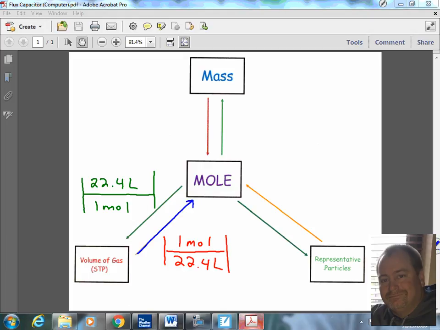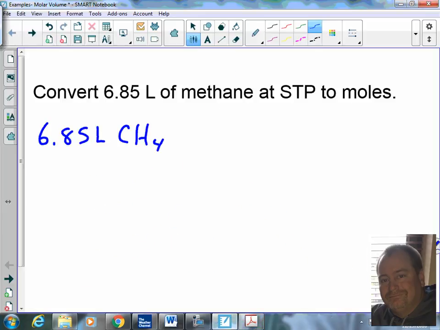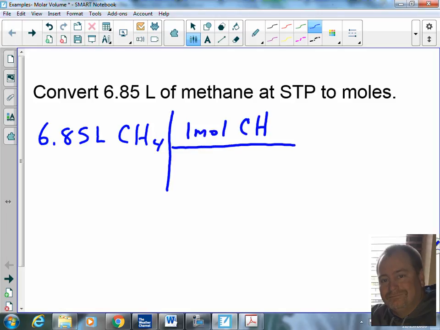So I'm going to use this value right here. 1 mole over 22.4 liters. So I come back and I make my conversion box. 1 mole of methane gas is 22.4 liters of methane gas.